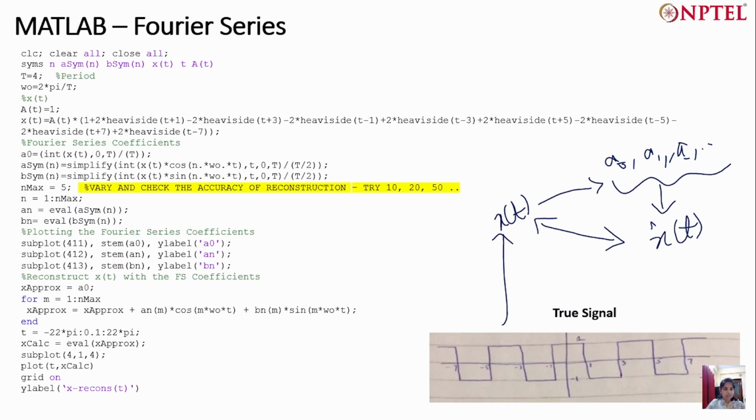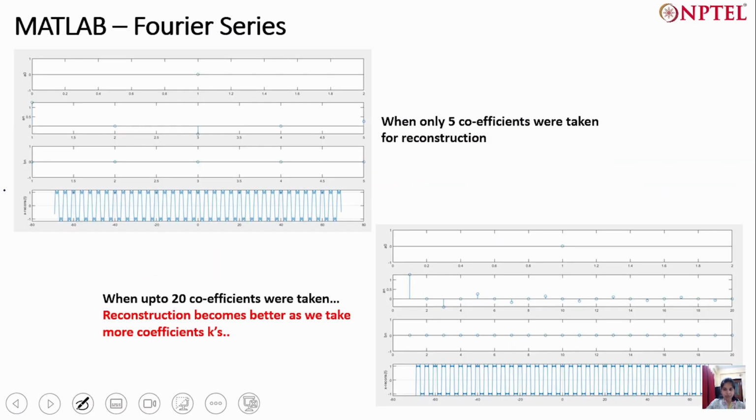So if my n max is just 5, that is 5 terms on the left hand side and 5 terms on the right hand side, this is how my reconstruction will be.